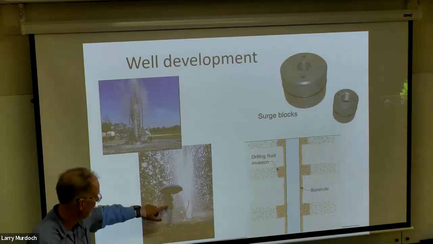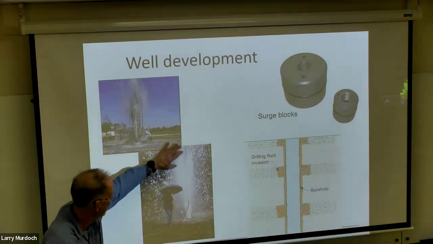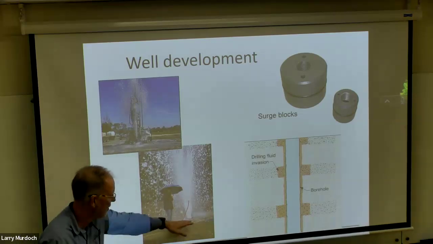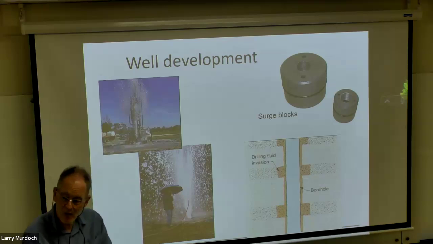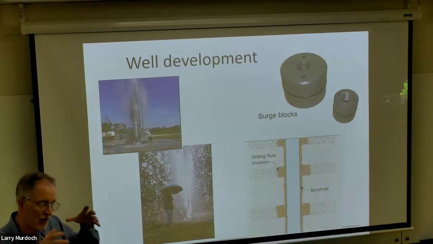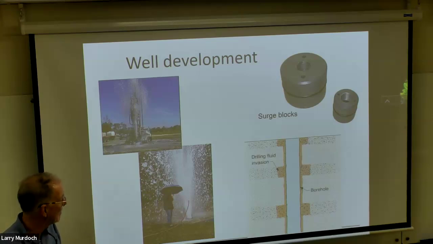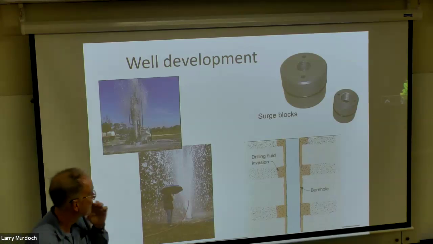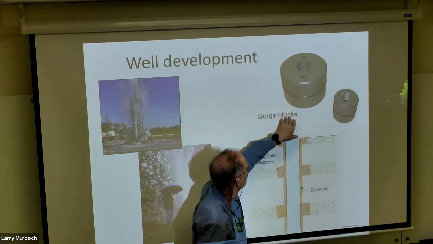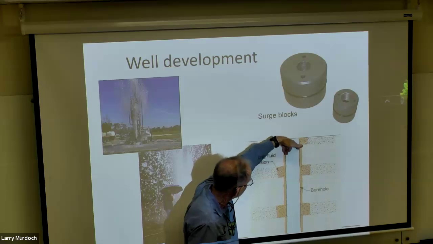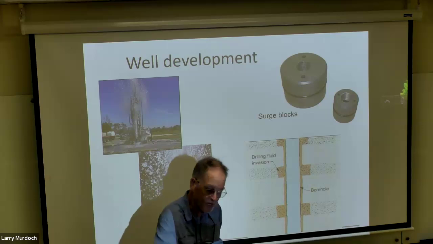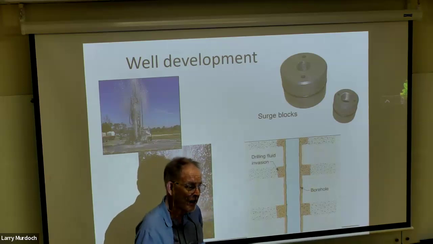So here's an example. This is a test that we did. Looks like a geyser. It removes the water very rapidly, and then the water flows into the well rapidly, and that mobilizes the fine particles that are in the formation and cleans up the formation. Another way to do it is to take a block called a surge block, and it seals into the casing. You move it up and down, and it's kind of like a plunger, plunging a toilet, right?